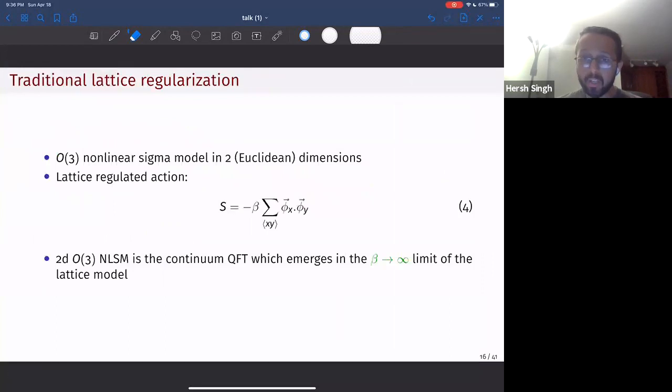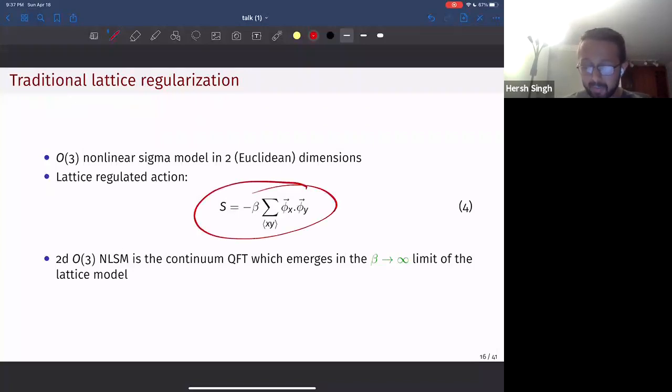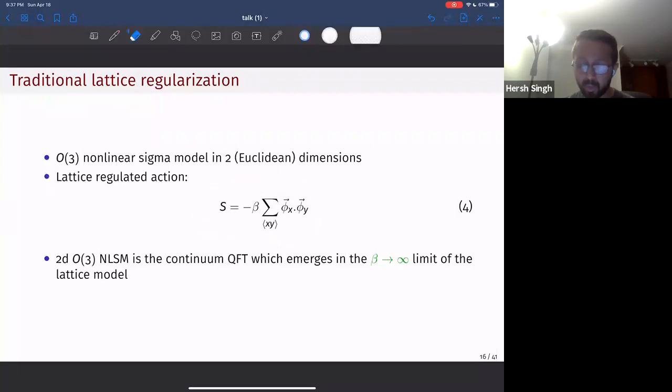Now, you can study this model using the following lattice regularization, which I'll be calling the traditional lattice regularization. It's just the naive discretization of the continuum action that we saw in the previous slide, where beta is a coupling. The question is whether this action has a continuum limit, which is a question of whether or not this is a critical point.